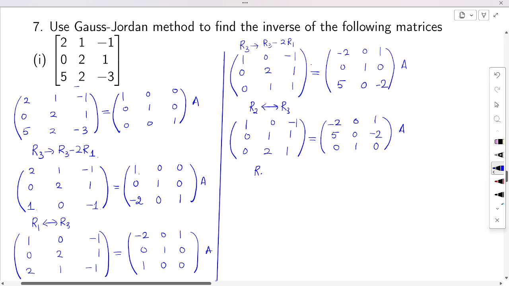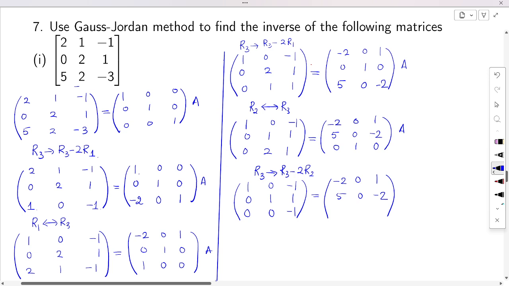Now apply row 3 minus 2R2. 1, 0, minus 1, 0, 1, 1. This is 0. Then 2 minus 2, 0, and 1 minus 2 is minus 1. Then minus 2, 0, 1, 5, 0, minus 2. Then 0 minus 10, minus 10. 1 minus 2 is 1.